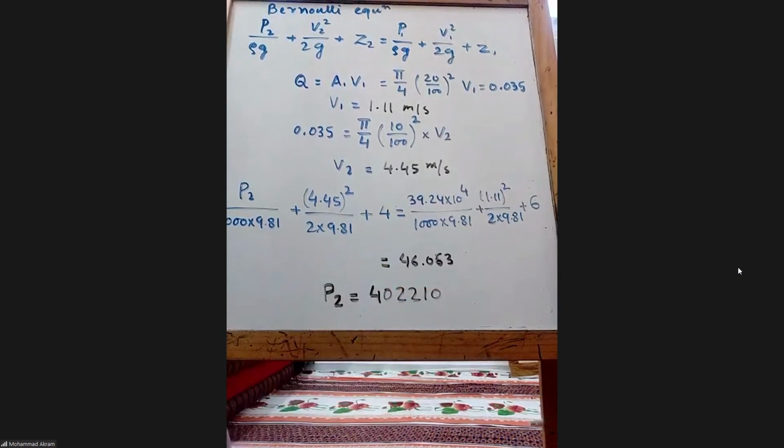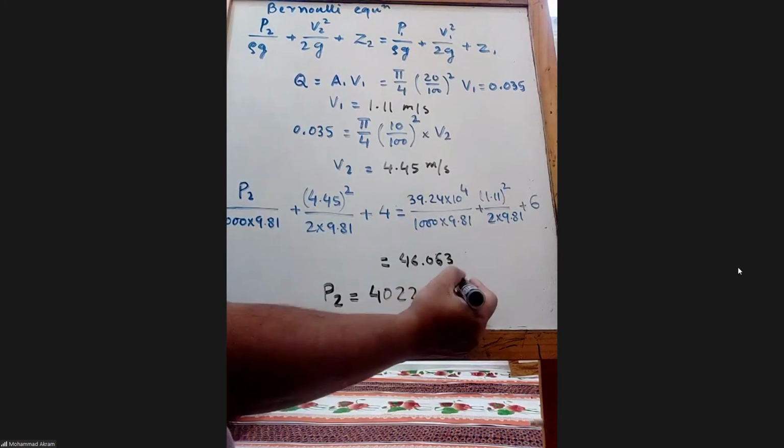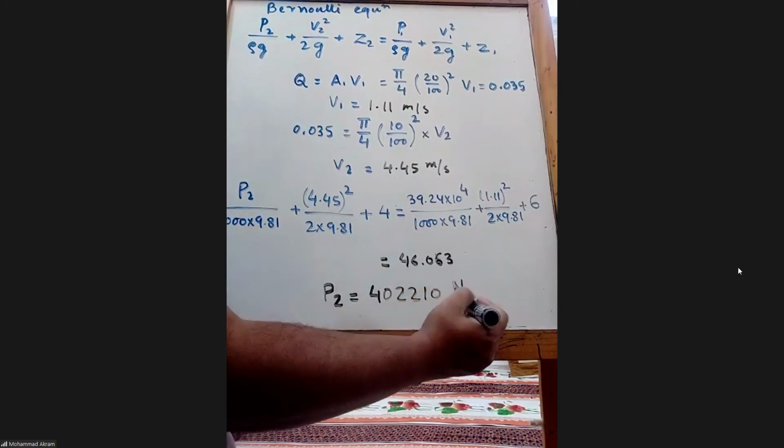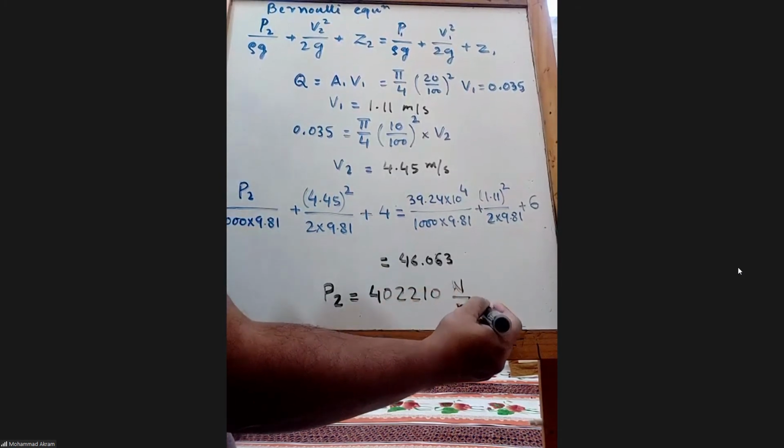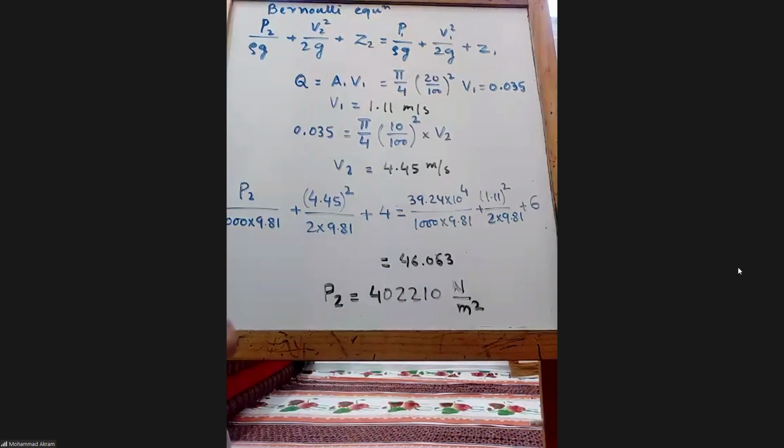Is this correct? Doctor, here, should we multiply it by 10 to the power 4? See, this will be directly Newton per meter square. So you can say that this is 40.22 into 10 raised to 4.